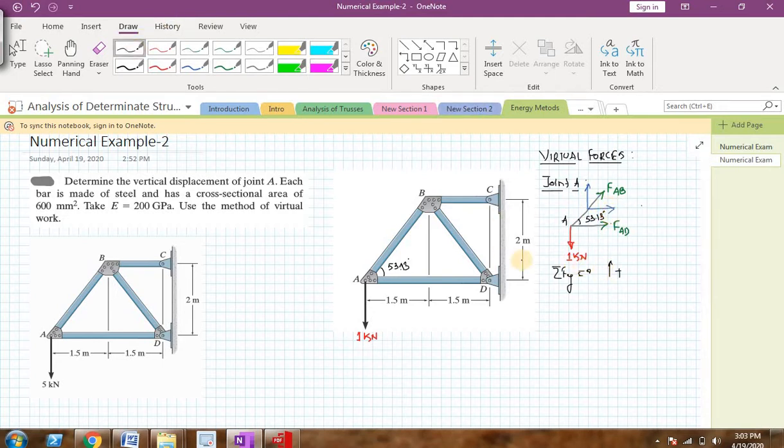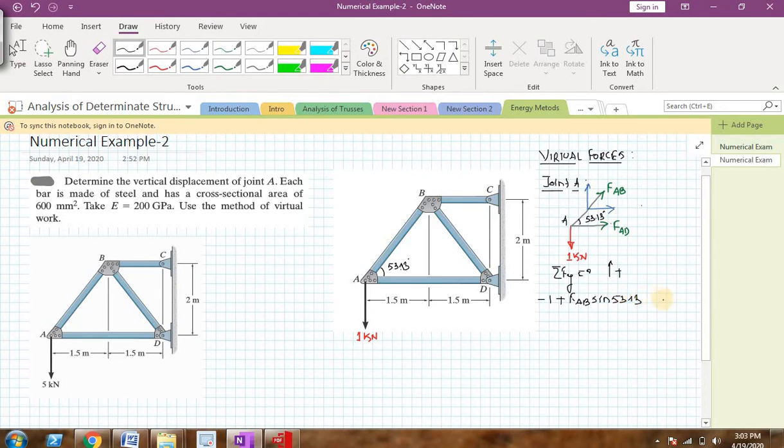So in the equation, the 1 is downward, so I write -1 plus FAB sine of 53.13.